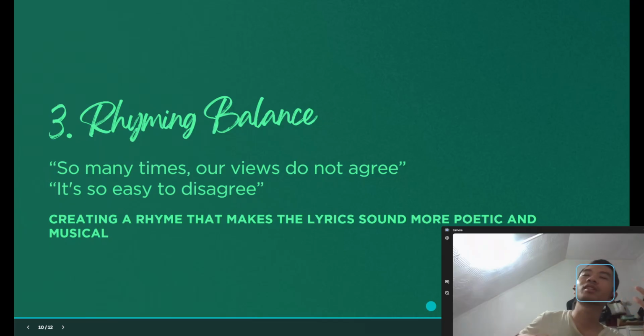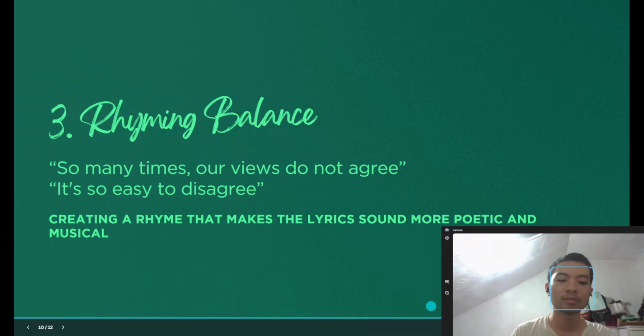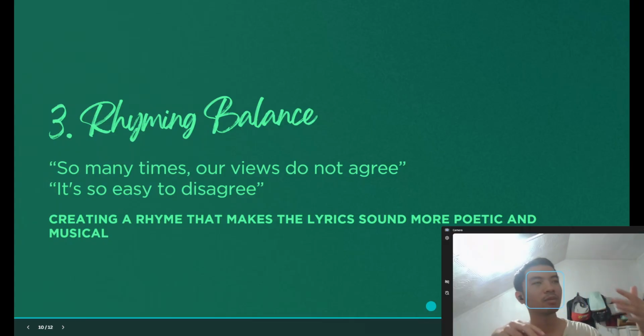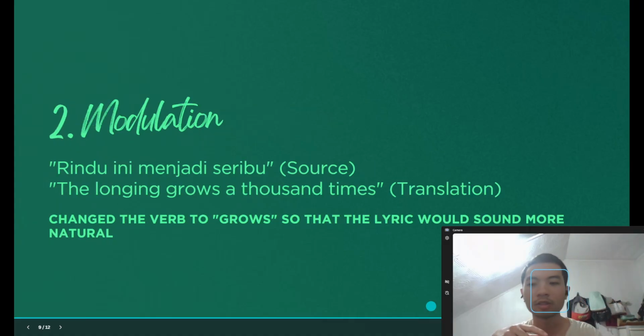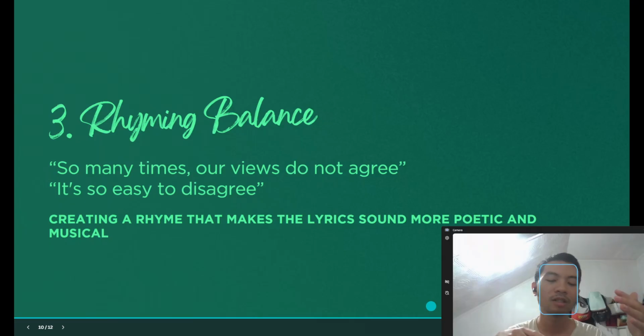However, because maintaining the rhyme is hard to do, I prioritize it less. So I choose singability, then modulation, then rhyming balance, because it's really hard to do.